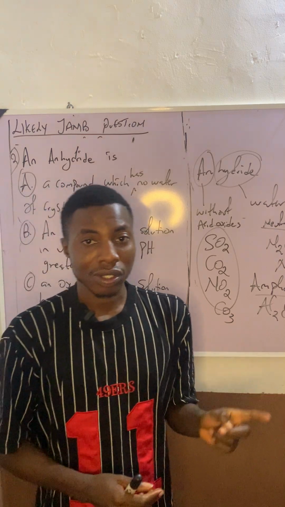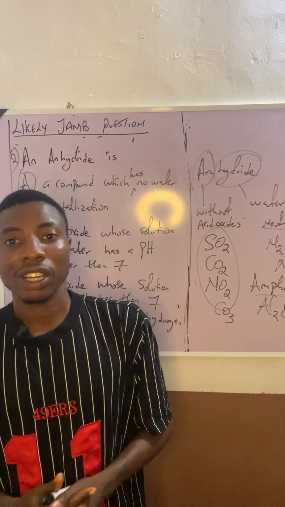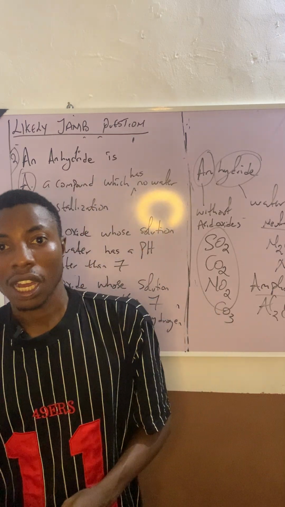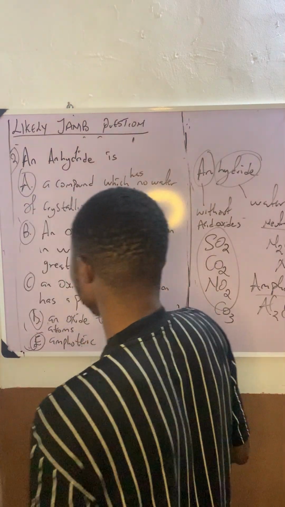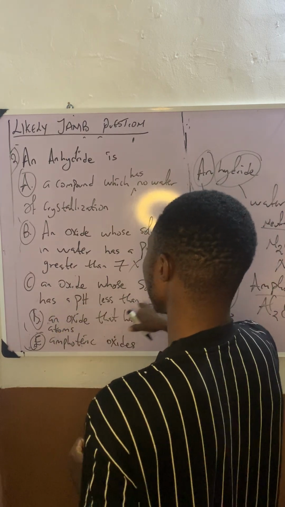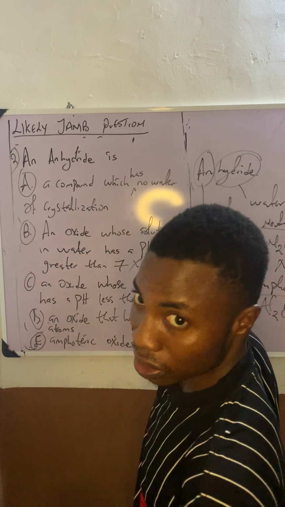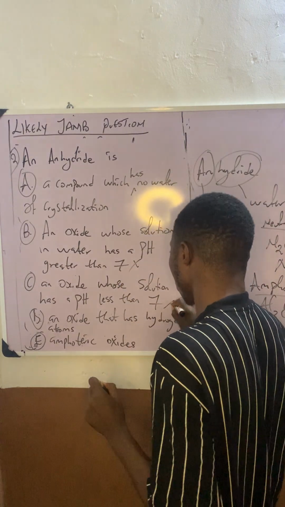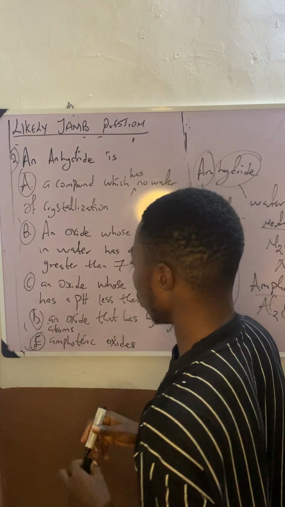Then that of base, which is alkalines, is greater than 7. So this is out. Now, an oxide whose solution has a pH less than 7, which has a solution of less than 7, that means this one is correct. Let's move on.